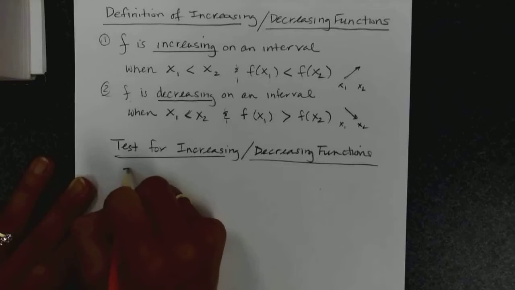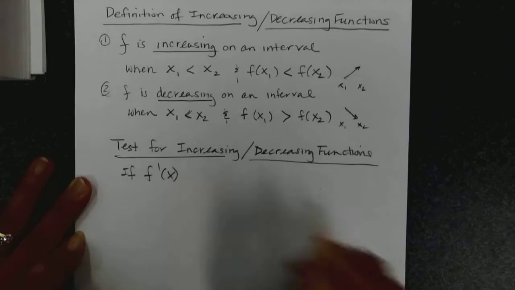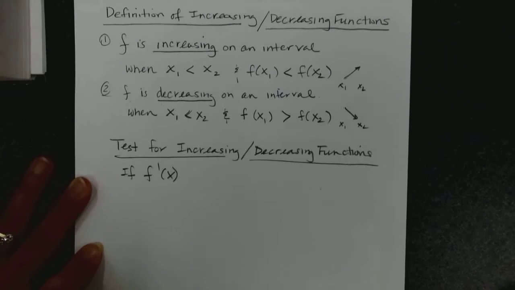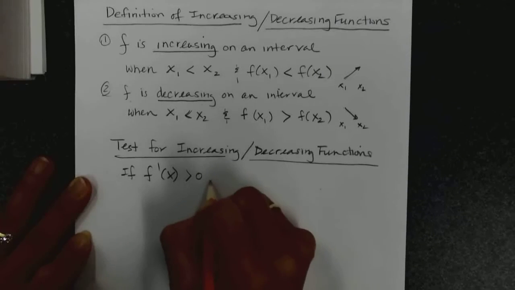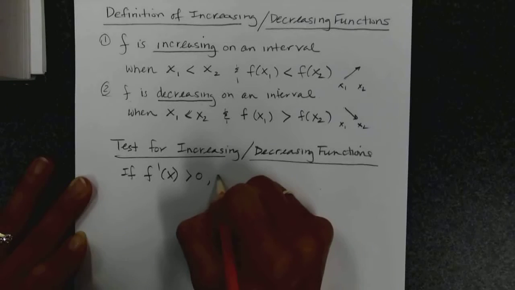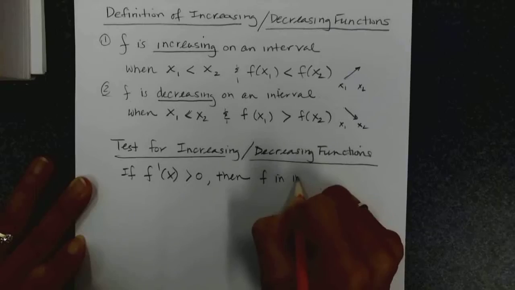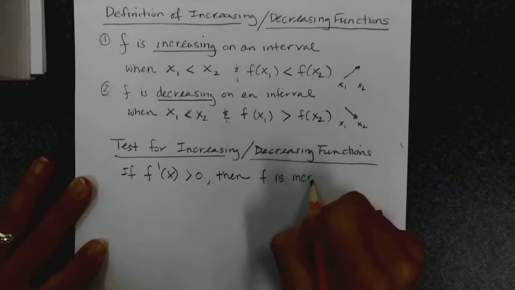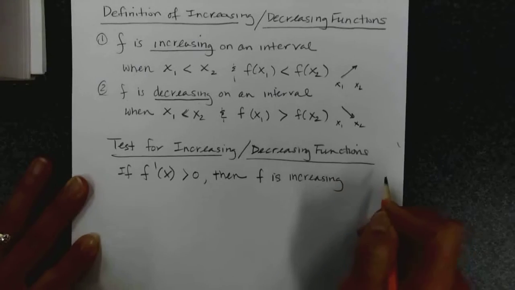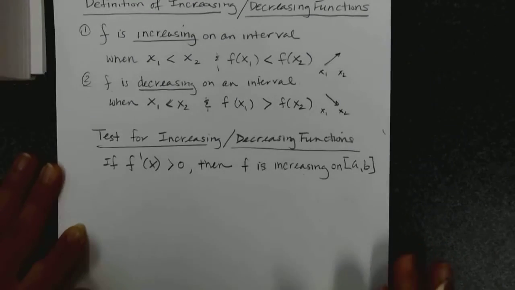So if f prime of x, which is the rate of change or the slope of the tangent line, is greater than 0, then f is increasing on the closed interval a and b.